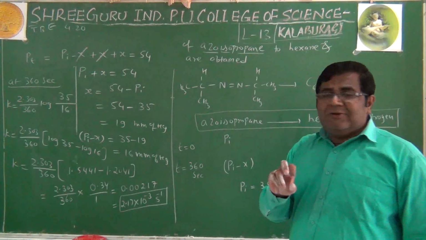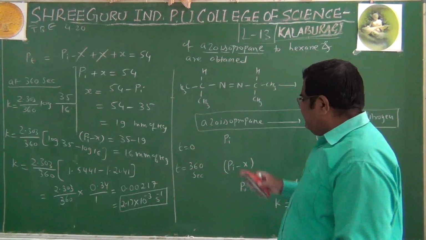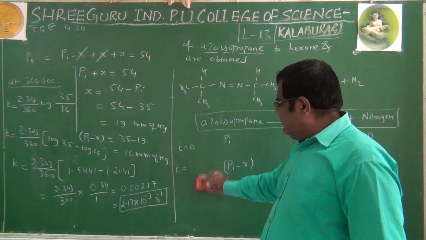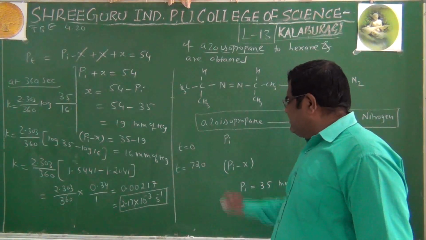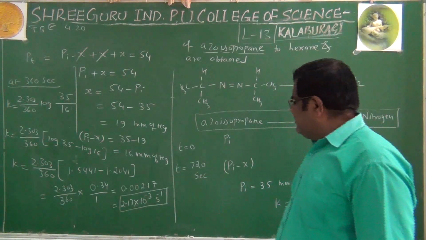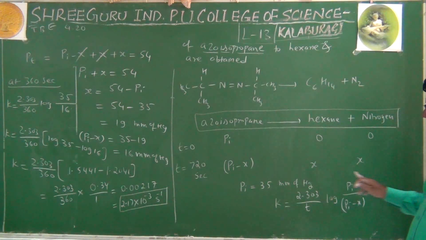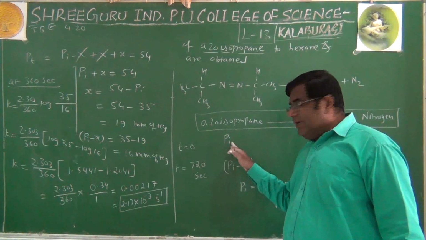Now one more data point they have given for 720 seconds. How can we use this? Again we can say that at 720 seconds, the same is true here. Pi is also 35. It doesn't change the value of Pi.